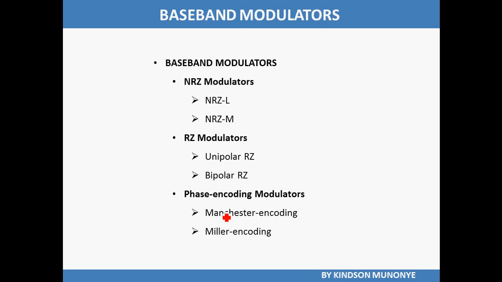Phase-encoded modulators: Manchester encoding and Miller encoding. RZ means return to zero, NRZ, non-return to zero. So let's move on to see exactly what happens when a bit stream is received by different types of modulators. We start from the first one, the NRZ modulators. That is what we are going to discuss next.